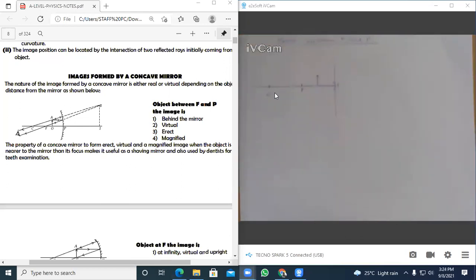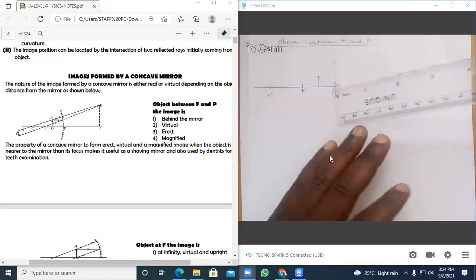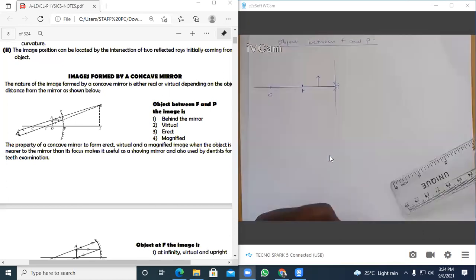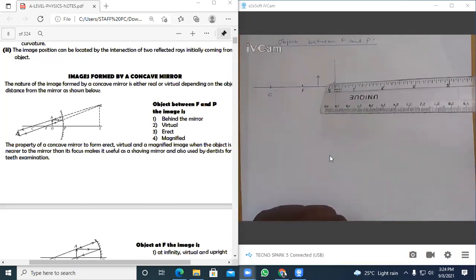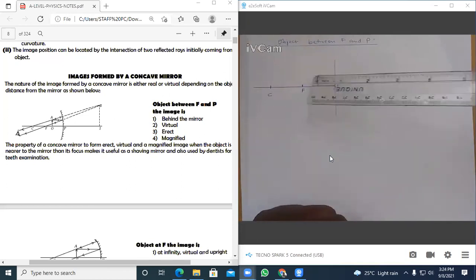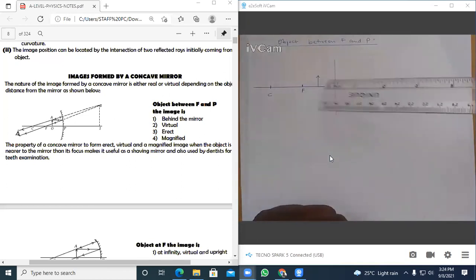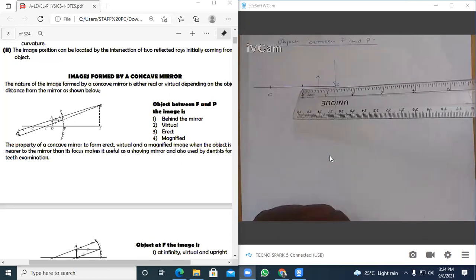Now, for me to determine where the image is going to be located, I'm going to use my two rays. So I'm going to first use the ray which says that a ray parallel to the principal axis from the object is reflected along the principal focus.